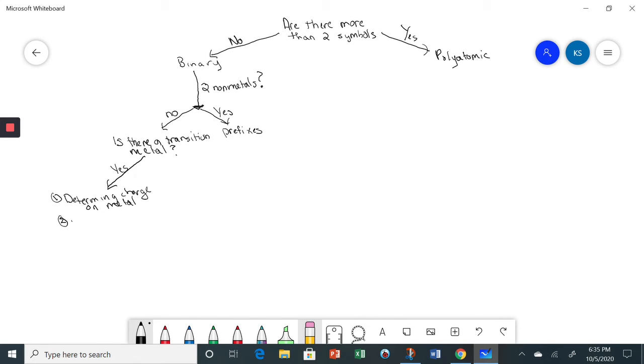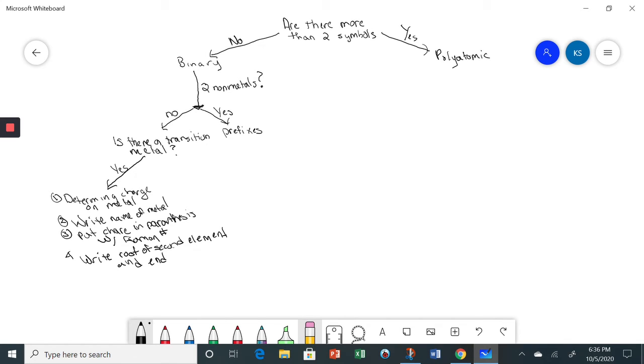Write the name of the metal, put the charge in parentheses as a Roman numeral, and then write the root of the second element, and then end in IDE.